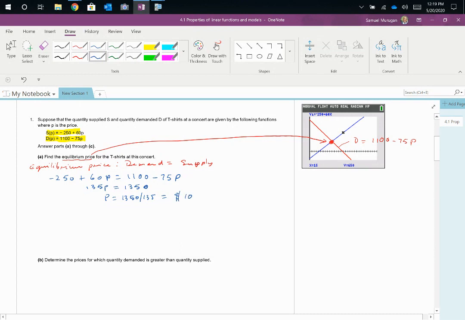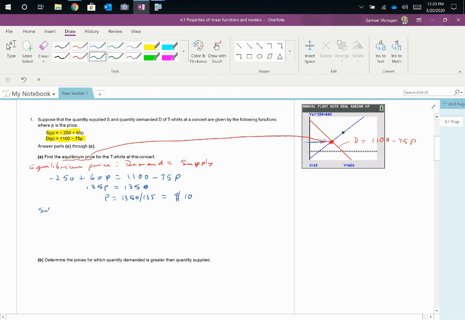Now, if we wanted to find the equilibrium quantity, which is the y value, remember at that point both supply and demand would have the same equilibrium quantity. So if we wanted to find that quantity, we would take any one of the equations and substitute for the price.